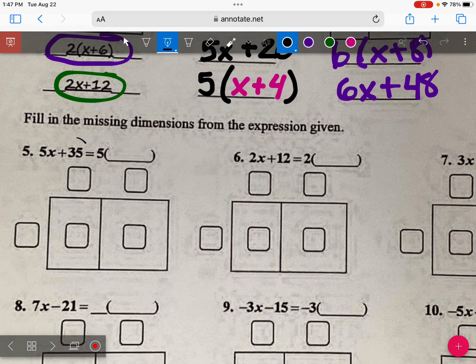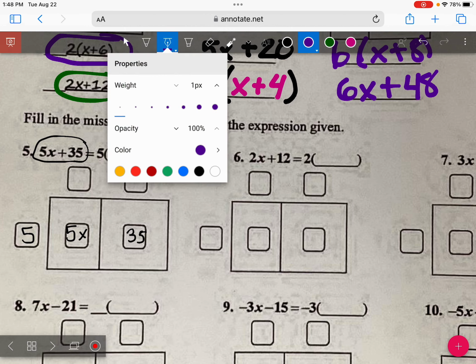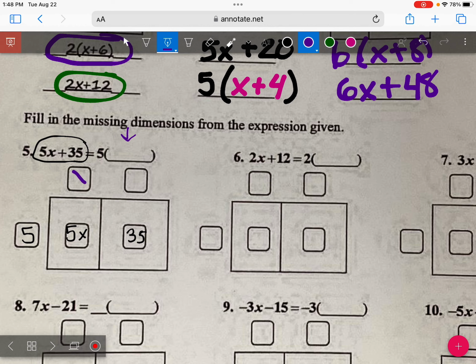When we've got it set as a sum here, that tells me they're going in the box, 5x and 35. They've even told us we're going to pull out a GCF of 5, leaving us with what sum on the top? What's going to go in this box? Yeah, x and 7. So x plus 7 is going to go here.